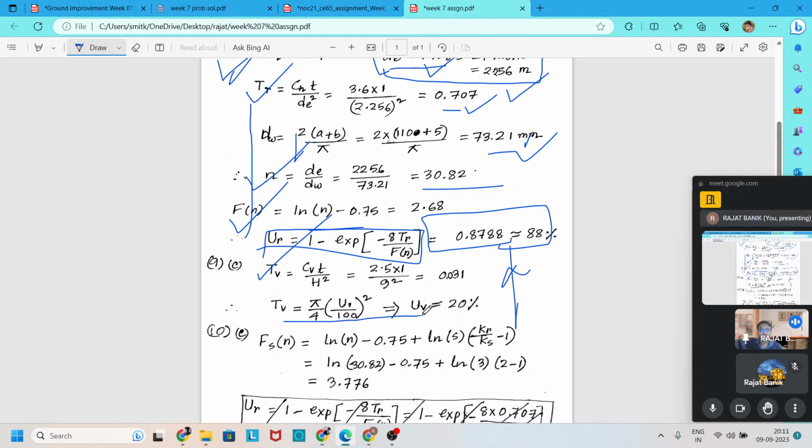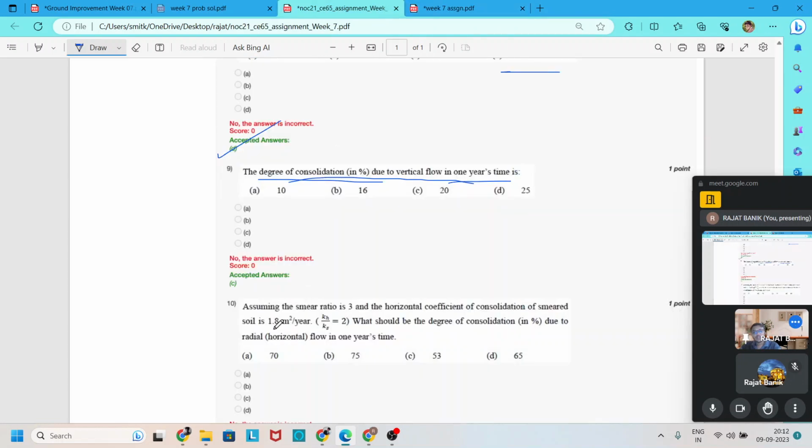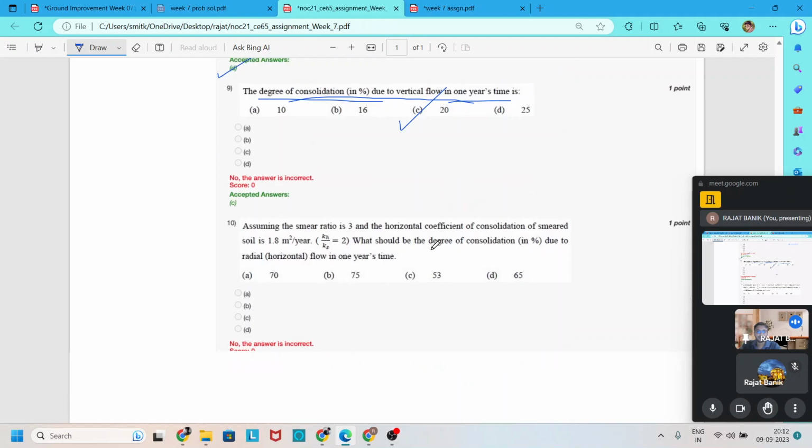After that we find out the Tv, and then we apply this formula, that is Tv is equal to pi by 4 into (Uv divided by 100) whole square. If we put all the values here, we find out the Uv, the degree of consolidation in the vertical direction, which comes about 20%. So the correct option for this is option C, that is 20%.